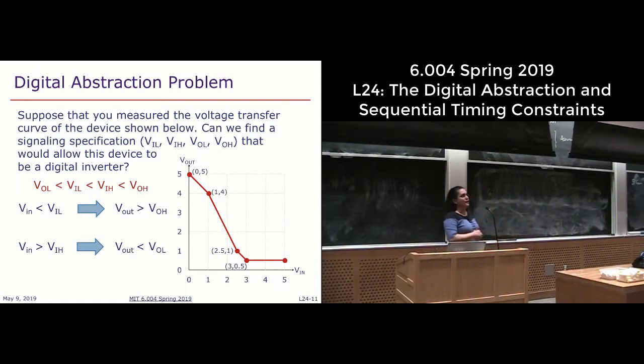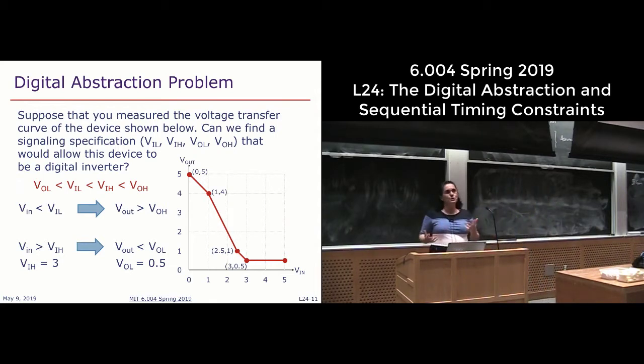So I'm going to start off evaluating this design with a VOL of 0.5. Okay, so what input voltages produce this VOL of 0.5 for me? If I take a look at this graph, I see basically that any input that's greater than or equal to 3 is going to produce this low output voltage, okay?